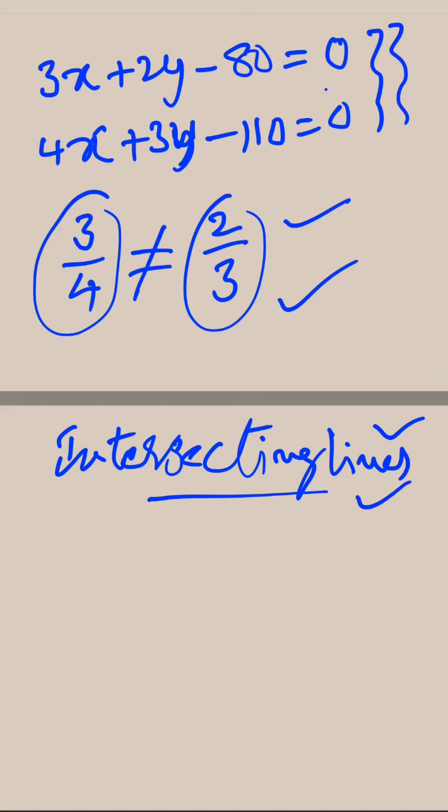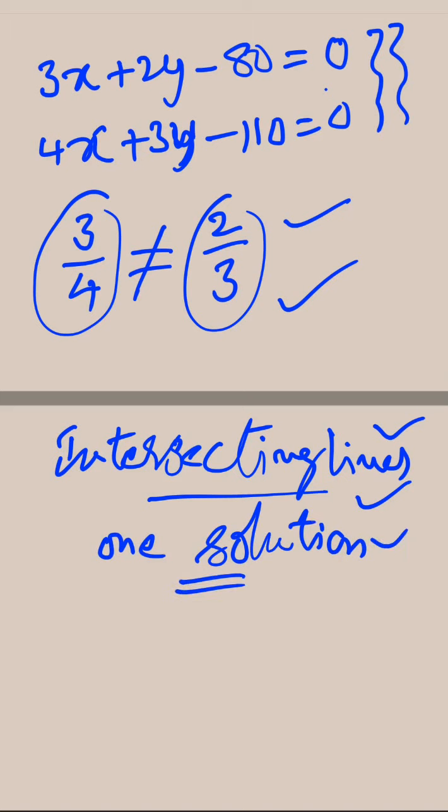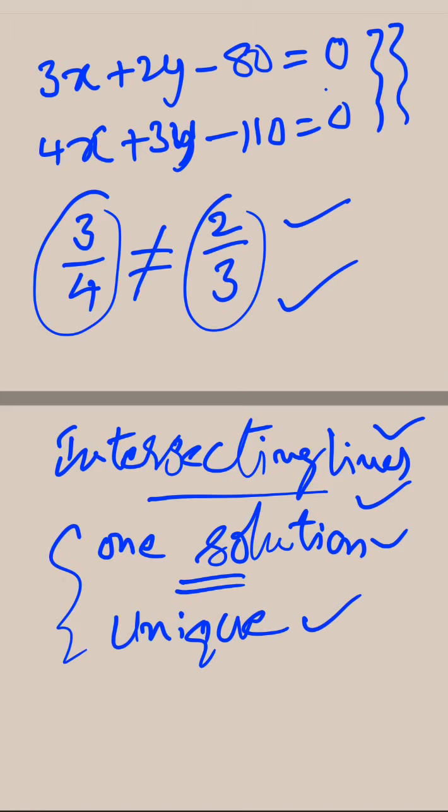If the given lines are intersecting, it has only one solution. Solution means the x value and y value, and each will be a single value. Otherwise we can say a unique solution is there. Unique solution means only one solution.